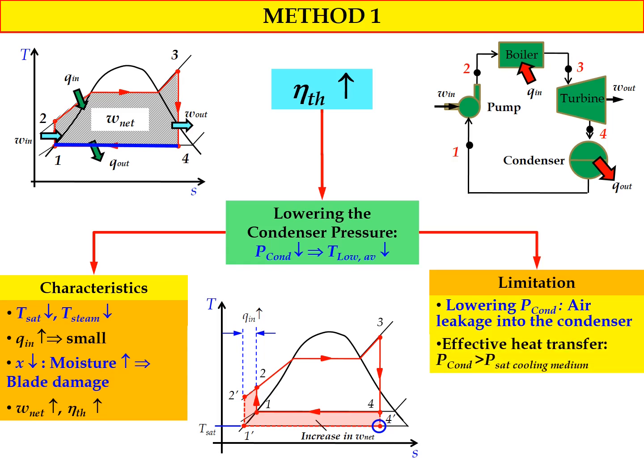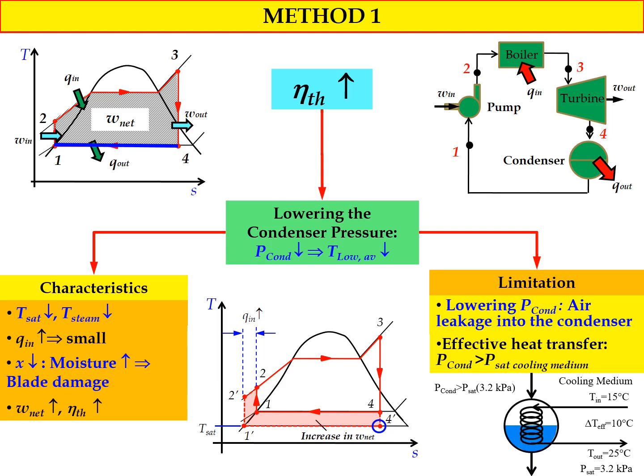For an effective heat transfer process, the condenser pressure must be greater than the saturated pressure of the cooling medium. The cooling medium here, as shown in the schematic diagram in the slide, comes from the cooling tower, and it is used to absorb heat from the condenser for the heat rejection process.